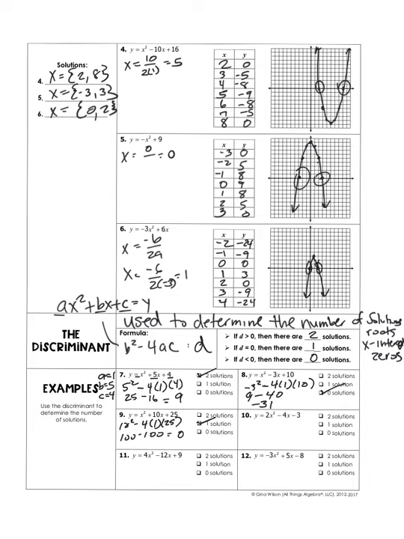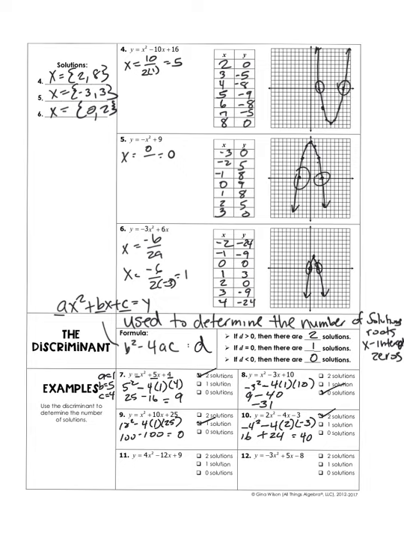Number 10, negative 4 squared minus 4 times 2 times negative 3. Negative 4 squared is positive 16. Negative 4 times 2 is negative 8 times negative 3 is positive 24. So 16 plus 24 equals 40, and it is greater than 0, so there are two solutions.